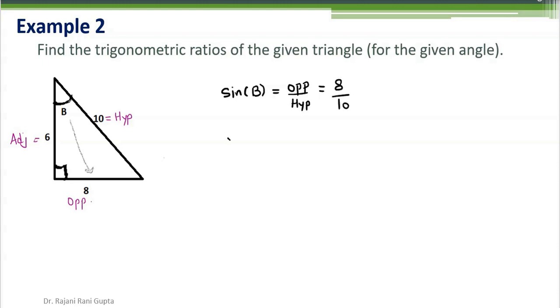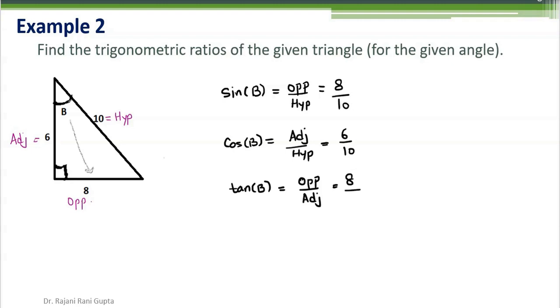Similarly, cosine of B. First of all, write the rule: adjacent over hypotenuse. So the adjacent side measurement is 6, hypotenuse is 10. And tan of B is, as per the rule, opposite side over the adjacent. So the opposite side measurement is 8 and the adjacent side measurement is 6.